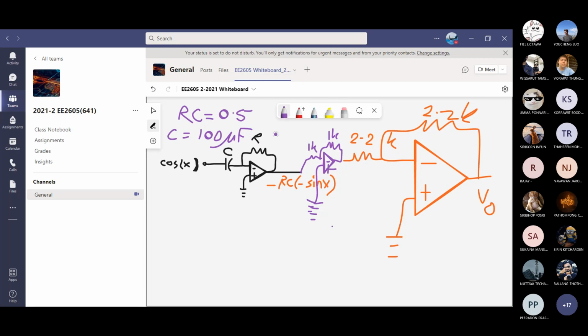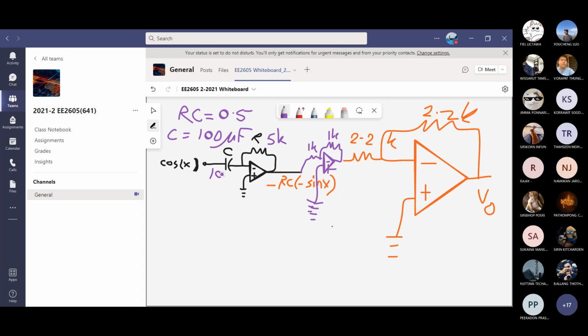Student: Yeah, I got like 5 times 10 to the power negative 3. Is it negative 3? 5 kilo ohms. It is 5K. If you take this capacitor as 100 micro, then the resistor is 5K.